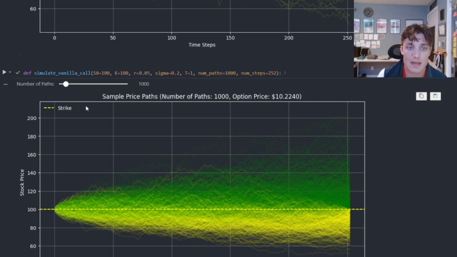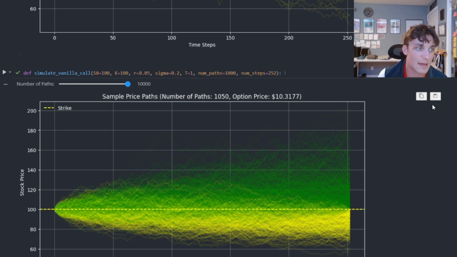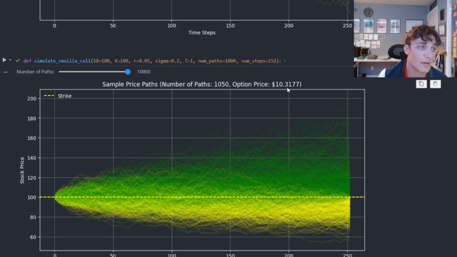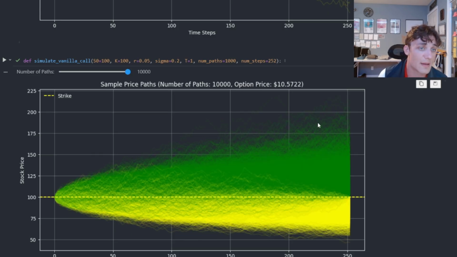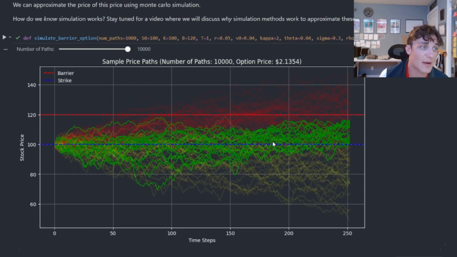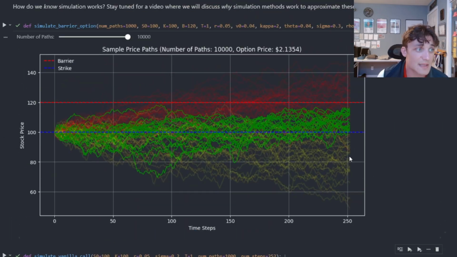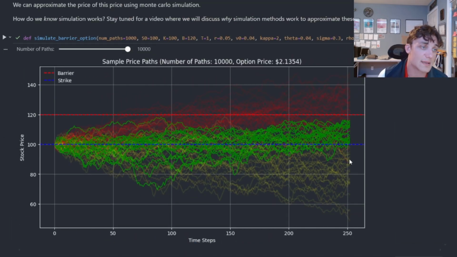Let's take a look at the call option in a similar Heston framework. 10.31 or 10.32 roughly, right? See, 10,000 steps, 10.57. So we get a significant discount, and that makes sense because if we ride this upside here, we're going to hit the barrier and it's going to expire worthless. So I have to pay much less for this exotic option relative to the standard vanilla call option. So this is how we go about pricing an exotic option.